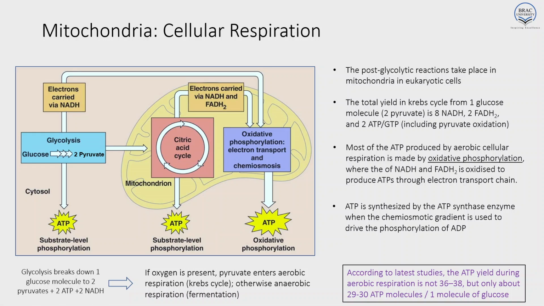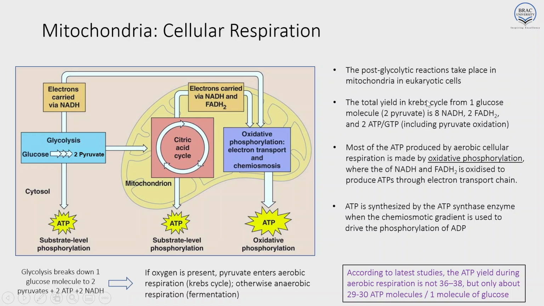For example, in case of severe exercise or strenuous conditions, your muscle cells consume a lot of energy, but all your mitochondria are saturated and overloaded. So in that case, all those pyruvates enter the fermentation process and produce lactic acid, and because of that lactic acid the cells get tired too fast.